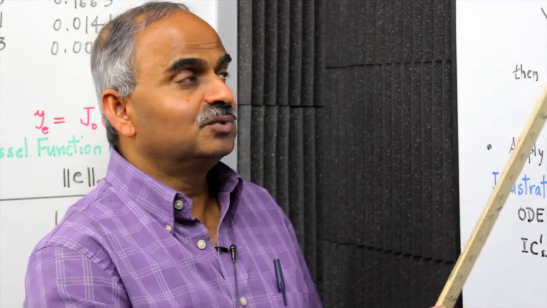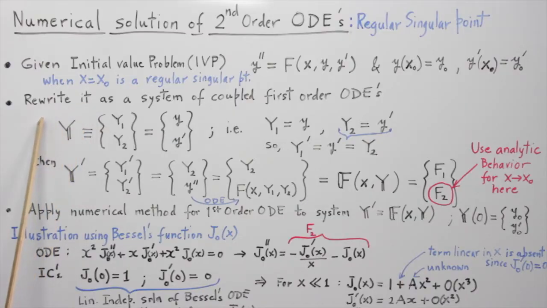Of course, well, how will we do this? Of course, we are going to use the method that we have talked about before, that we're going to rewrite it as a system of first order ODEs.